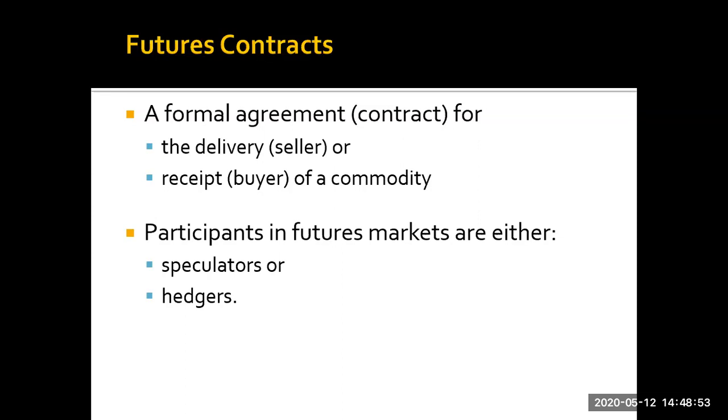Futures contracts are a formal agreement or a contract between a buyer and seller for a commodity. If you listen to financial news, you might hear about this, especially with oil. We commonly talk about futures prices with oil.